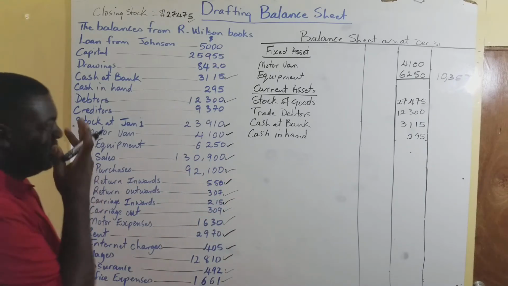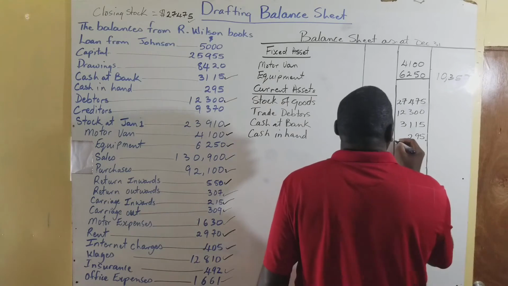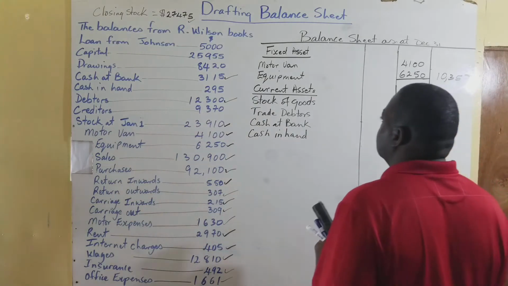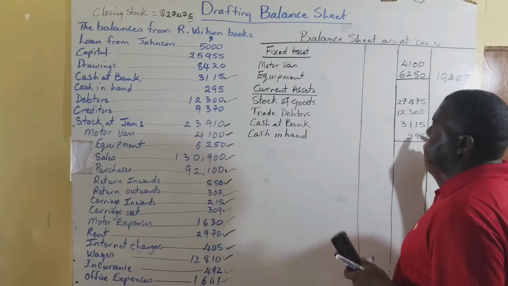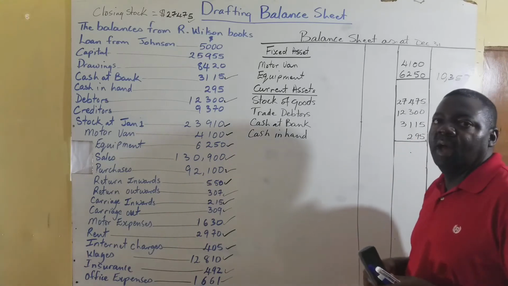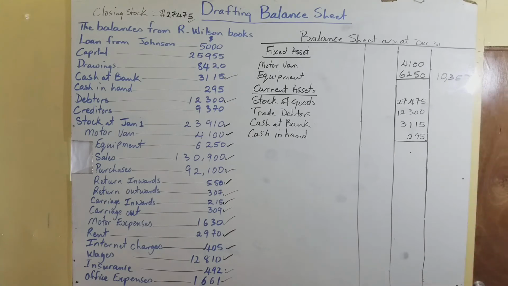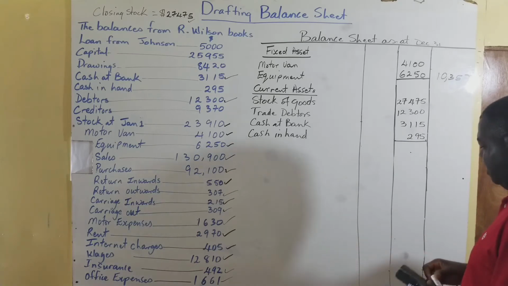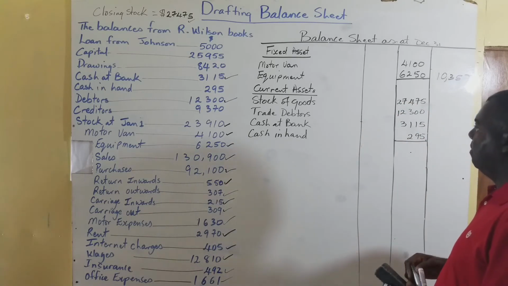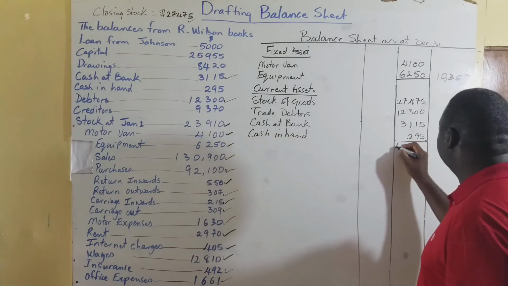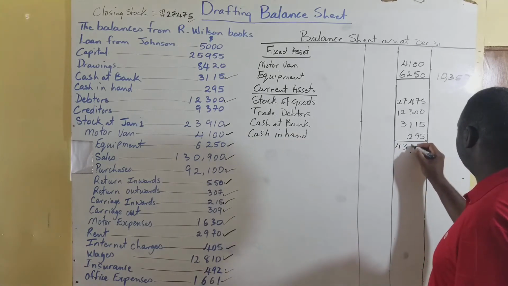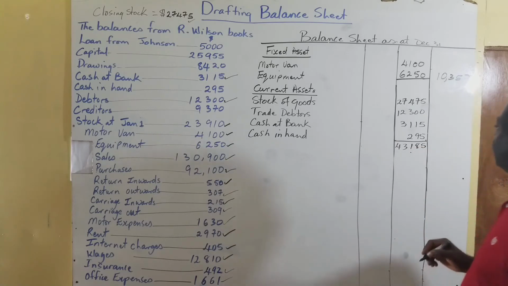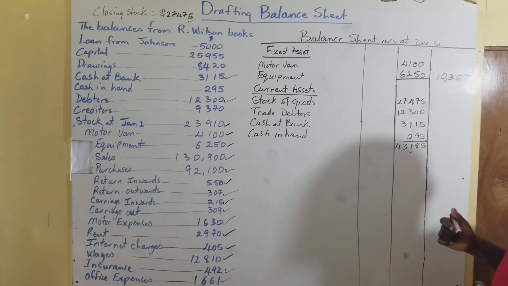Those are the totals that we have here. We're going to be adding all of this to get the total current assets. Adding the total of the current assets from this question, we would get 43,185. That's the total current assets.